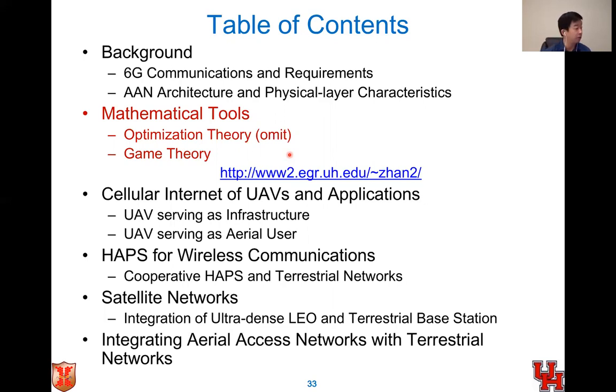For example, recently my students tried to do energy conservation, minimizing the UAV power plus the base station power. You know, what is UAV power? Powered by battery. Base station is very energy consuming, right? So you add the two together, it doesn't make too much sense.